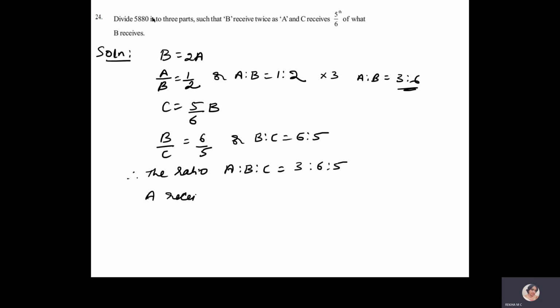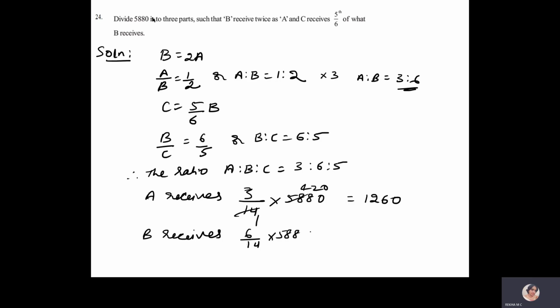So A receives 3 by the total 3 plus 6 plus 5, 14, into 5880. 14 into 1, 420. So I'll be getting 3 into 420, 1260. So B receives second number, that is 6 by 14 into 5880, 14 into 420, that is equal to 2520.